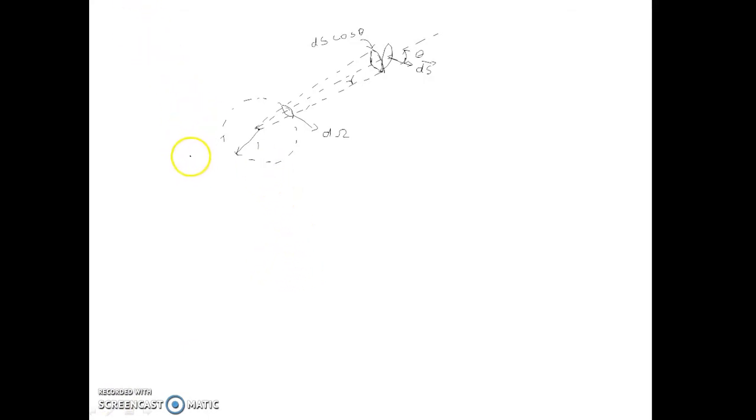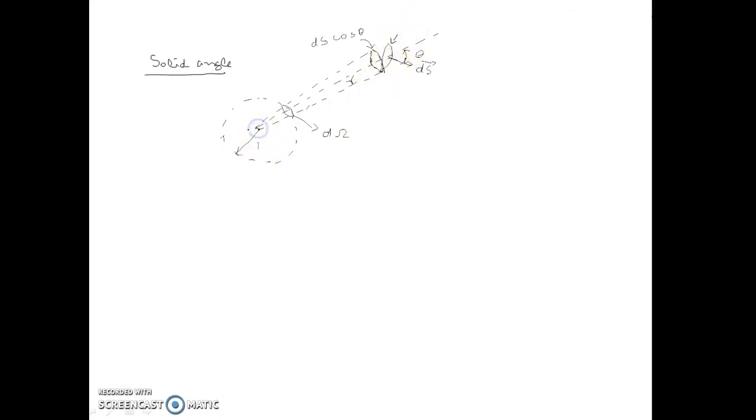Before deriving the proof for Gauss law, we'll briefly discuss the concept of solid angle. Suppose, let us consider a surface dS, which is shown here.